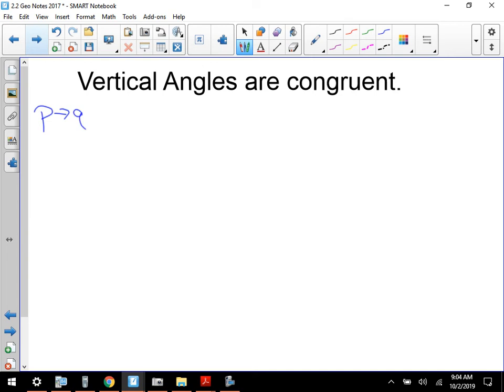So how about if you have vertical angles, then they are congruent. Okay? So far, so good?